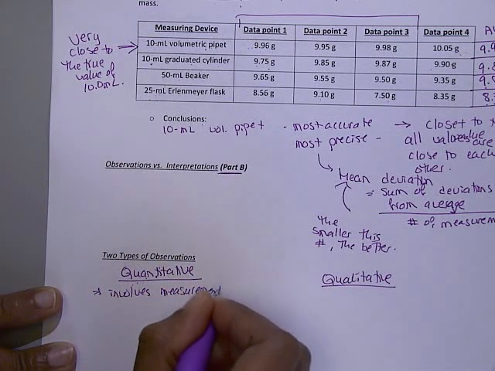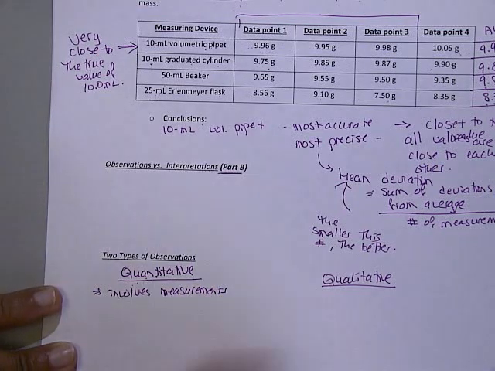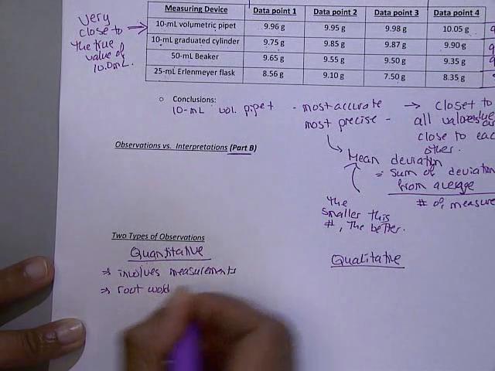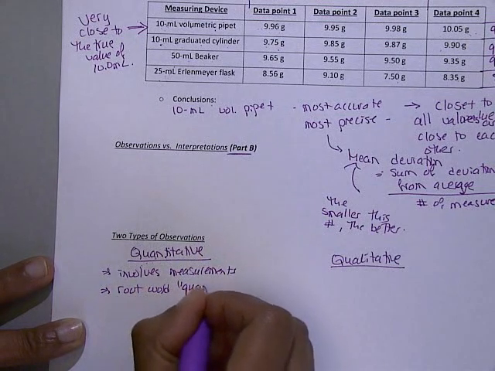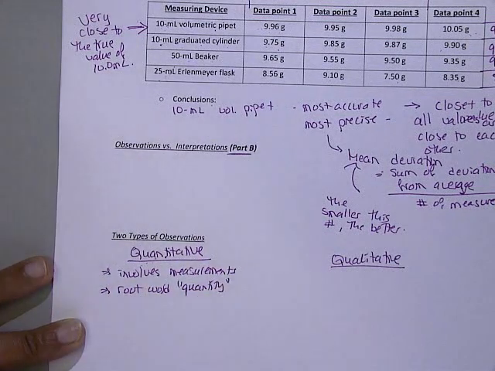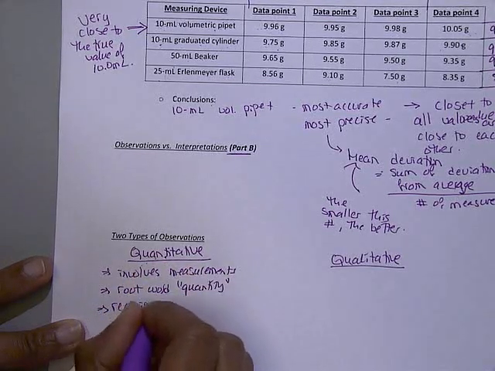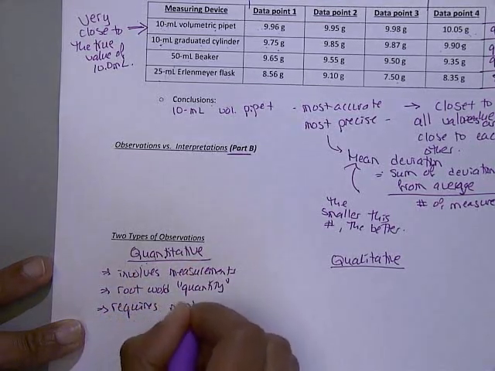So quantitative observations are ones that involve making measurements. If you note, we have the root word quantity. So kind of to make it easy for you to remember, quantitative observations require numbers.